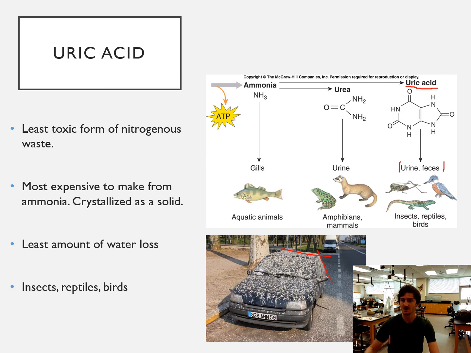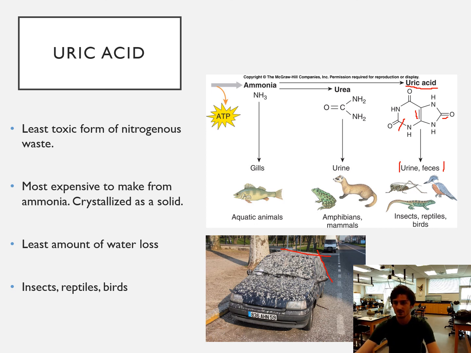It requires a lot of energy because it has these complex carbon rings, double bonds, here and here. So it is complex, but it does save you water. So if you're living in a desert environment and you can't afford to lose any water, it hasn't rained in a week or 3 weeks, and you need to save water, this is the way to go.